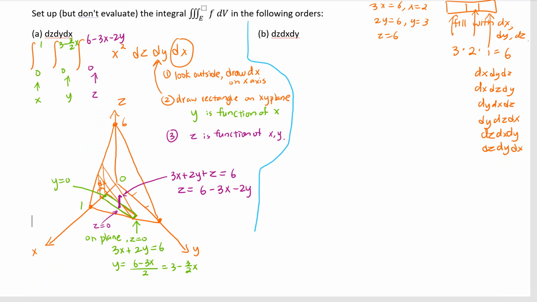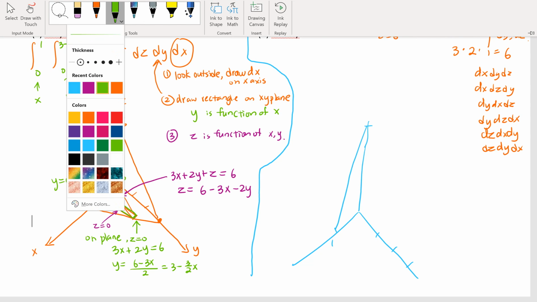Okay, so let's do it here. We want to find the z, the x, the y. Let's first draw it. We know this is 1, this is 3, and this is 6. Oh, sorry, I just realized x is 2, it's not 1. So I just need to change one thing here.